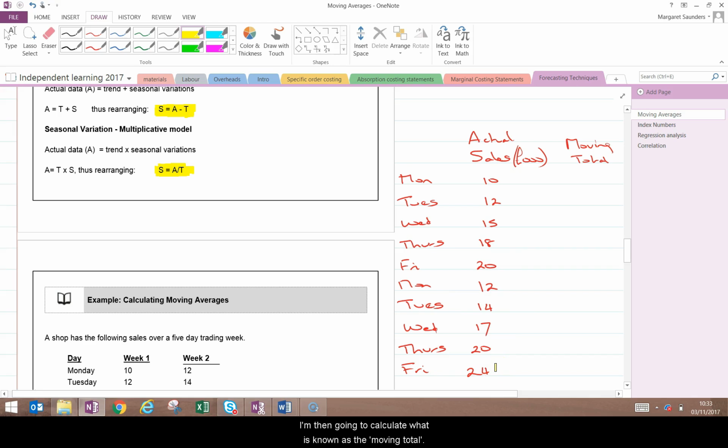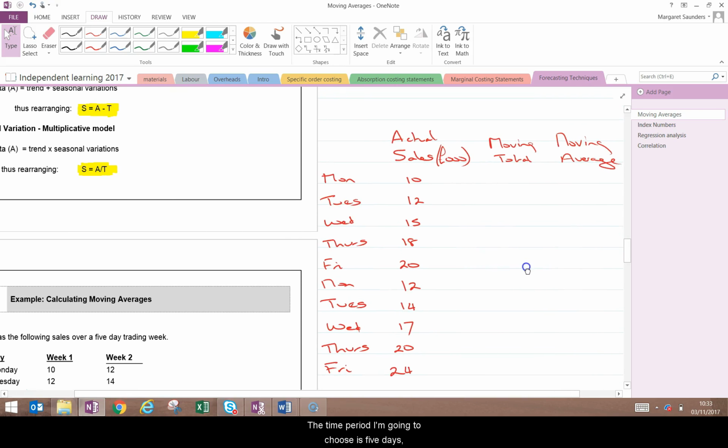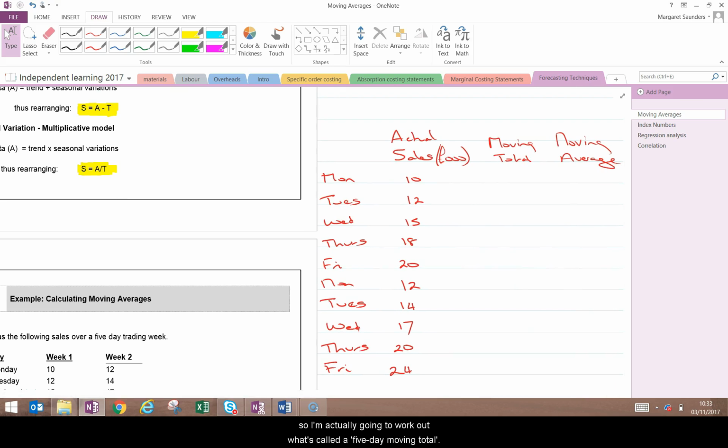I'm then going to calculate what is known as the moving total. Now, a moving total is a total of the data over a time period. The time period I'm going to choose is 5 days.